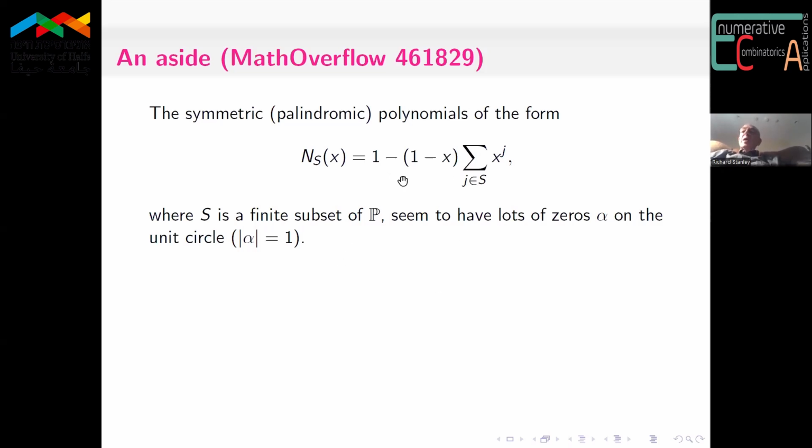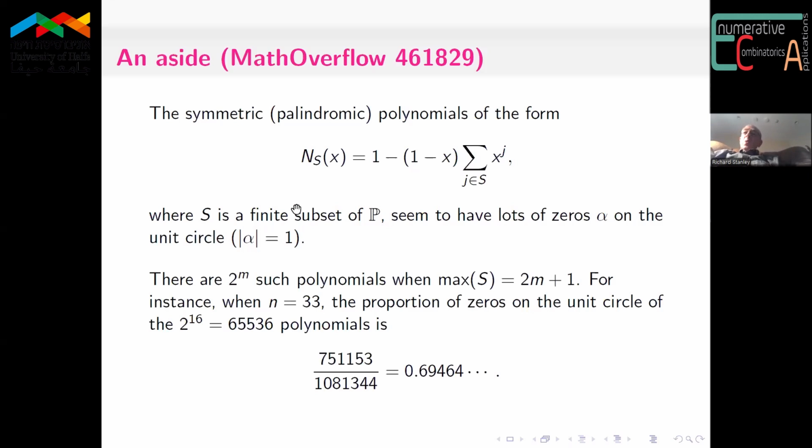When S is a finite subset of the positive integers, even when S is not a cyclotomic set, they seem to have a lot of zeros on the unit circle. If S is a cyclotomic set, of course, all the zeros are roots of unity, so are on the unit circle. But even for general S, an amazing number of zeros appear on the unit circle. When the maximum of S is 2m+1, there are 2 to the m such polynomials that are palindromic and of this form.